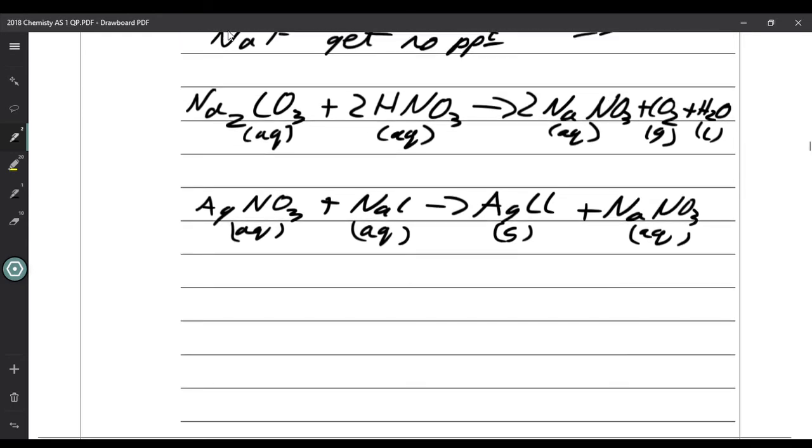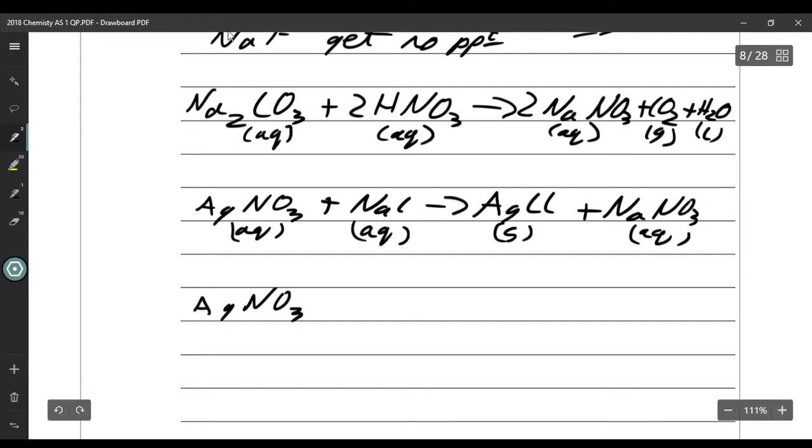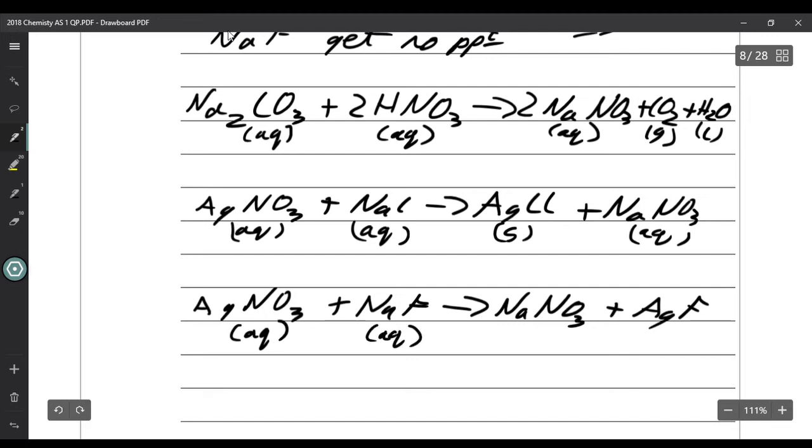Then the third reaction, we'd have AgNO3 plus NaF, and that would give us NaNO3 plus AgF. Again, aqueous. Because this doesn't form a precipitate, it's still going to be aqueous, as is this. Okay, so we've got no precipitates there, they're all in solution.